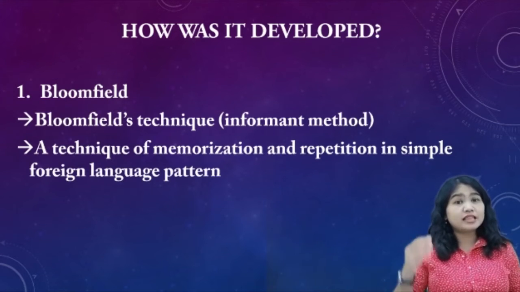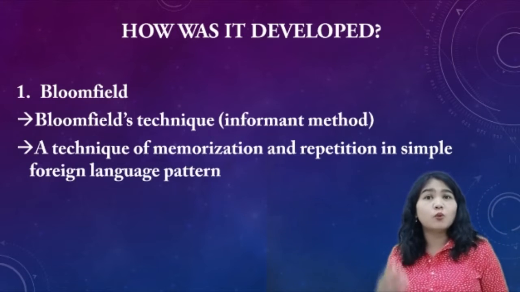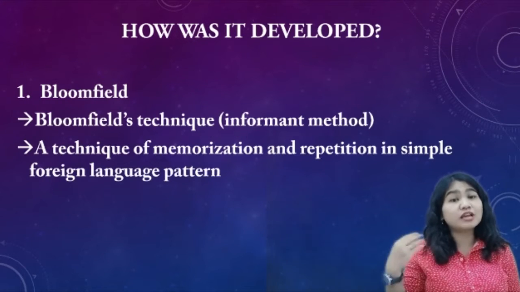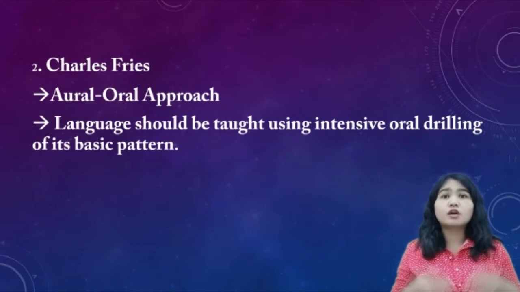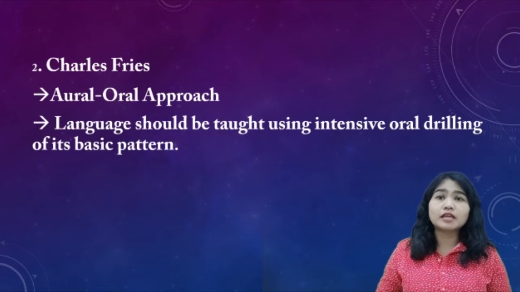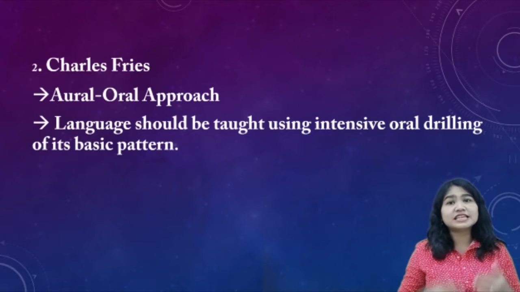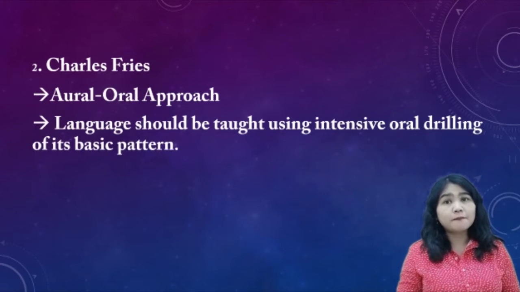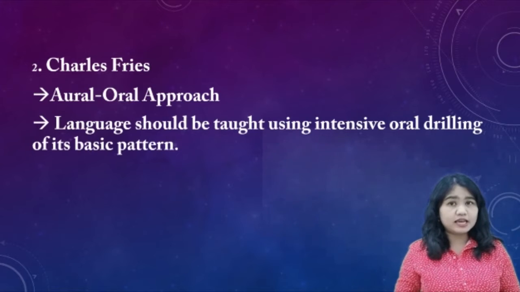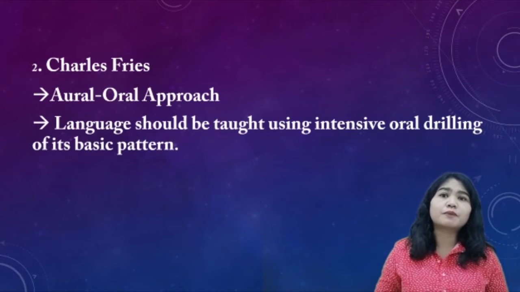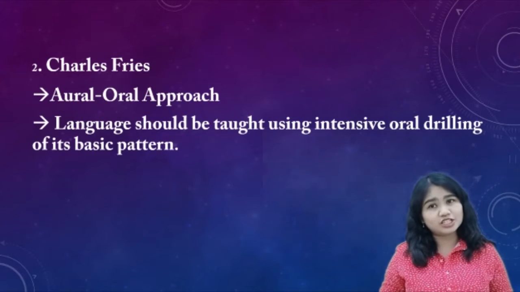It means that the informant is the one providing sentences for imitation. While Rice called this audio-lingual method an oral approach. According to Rice, language should be taught by using intensive oral drilling of its basic patterns. This method emphasizes proper pronunciation and intonation.